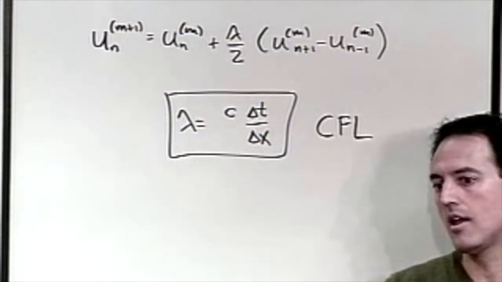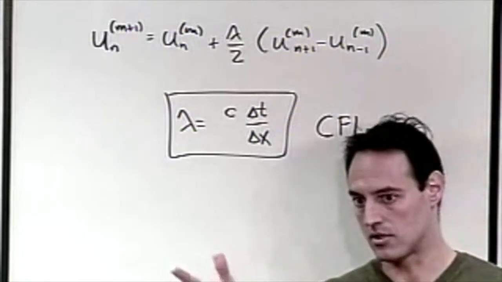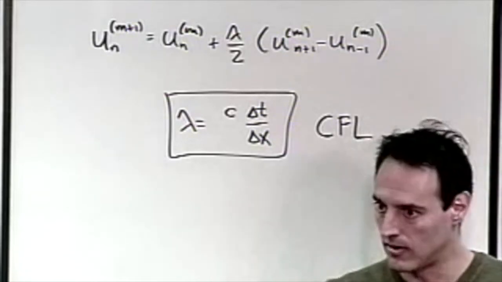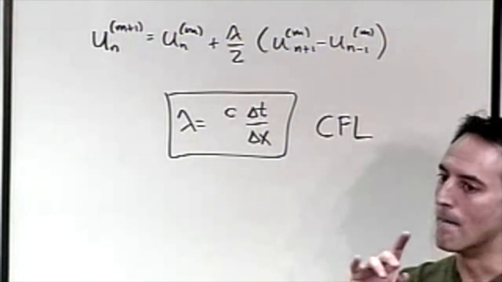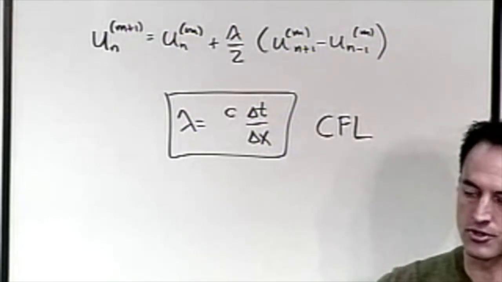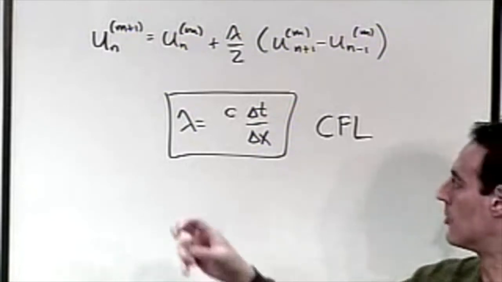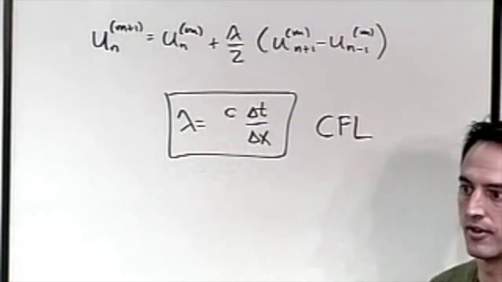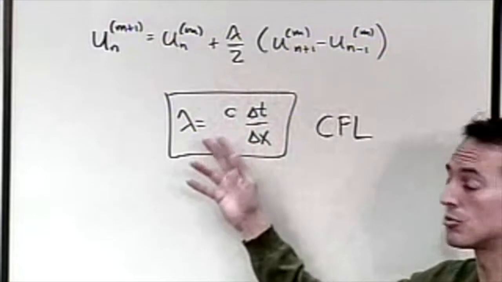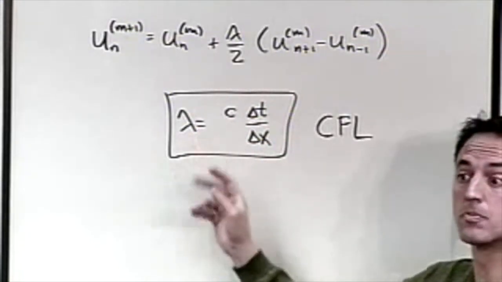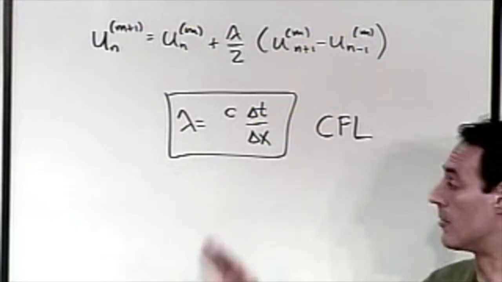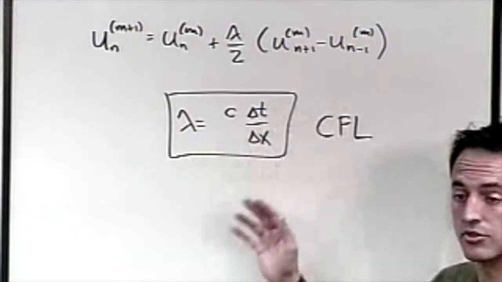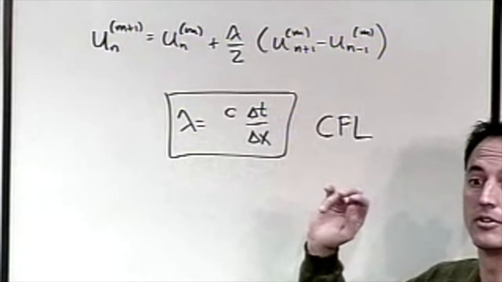In fact, if nothing else, you should understand that the CFL says something fundamental about the problem. Most iteration schemes that you develop, the stability of that scheme will depend upon what the CFL number is. Some of these iteration schemes will only converge for lambda being small enough. In fact, at the end of the lecture, I'm going to put up a little table and tell you, for the different schemes we developed today, what lambda has to be for these schemes to work.